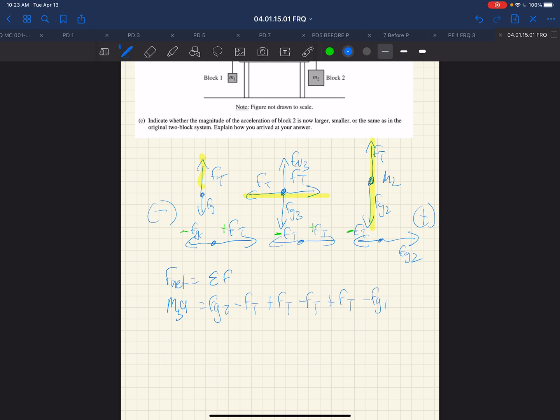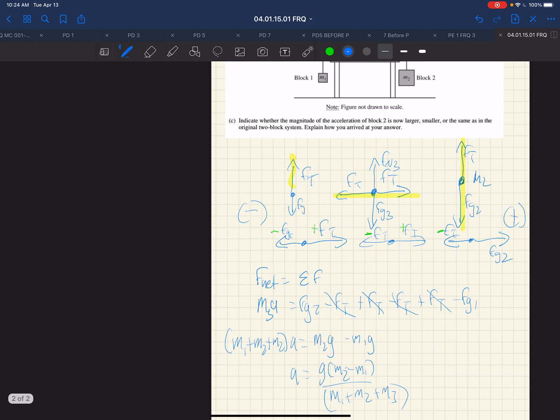So the mass of the system is M1 plus M2 plus M3 times the acceleration. These two drop out, and we are left with FG2, and we'll do the substitution for MG. M2G minus M1G. Solving for A, we'll factor that out like we did on the previous page. So we've got A equals G times M2 minus M1 all over M1 plus M2 plus M3.